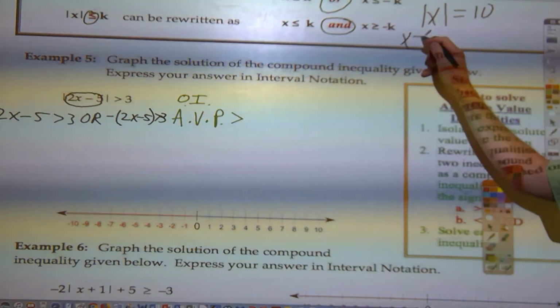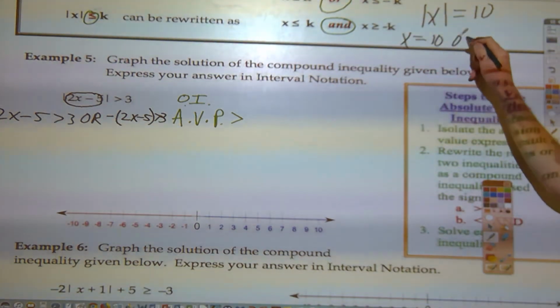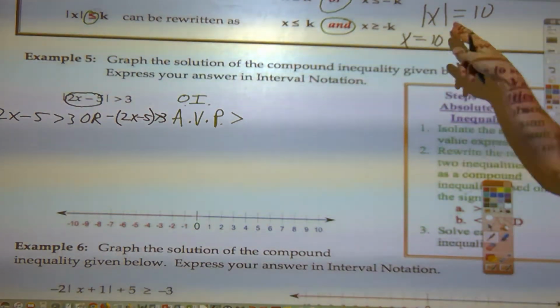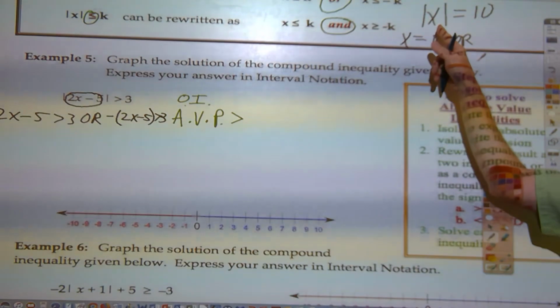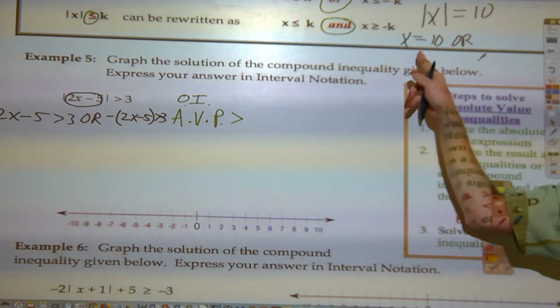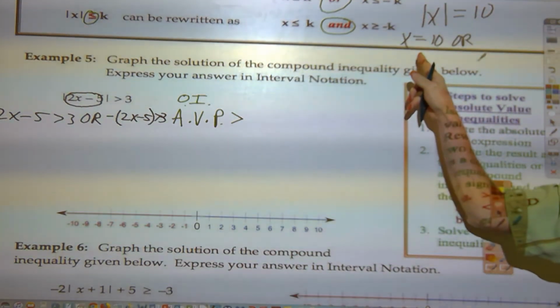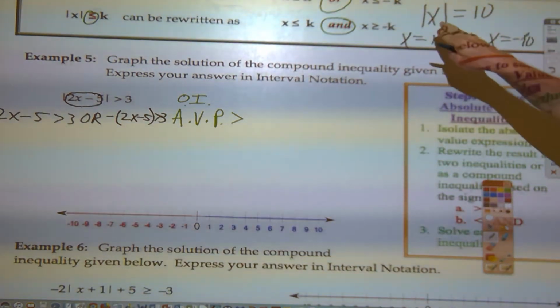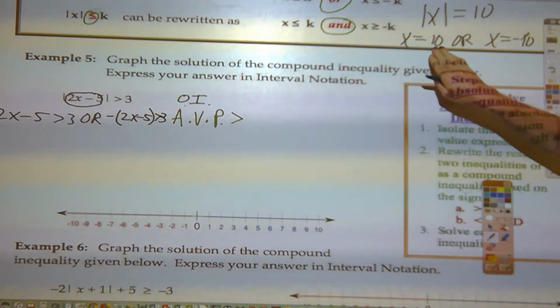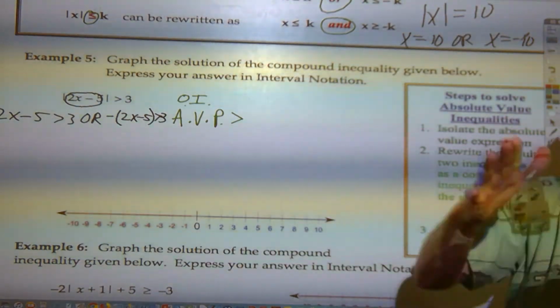Either x is equal to 10, or what's another possibility? If you think of all the numbers whose absolute value is 10, 10 is one number whose absolute value is 10. What's another number that comes to mind? Yeah, it could be x equals negative 10. So it could be that number in there is a positive number or it could be a negative number. And that's all we're saying here.